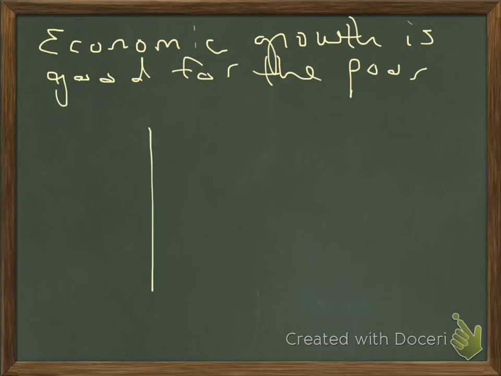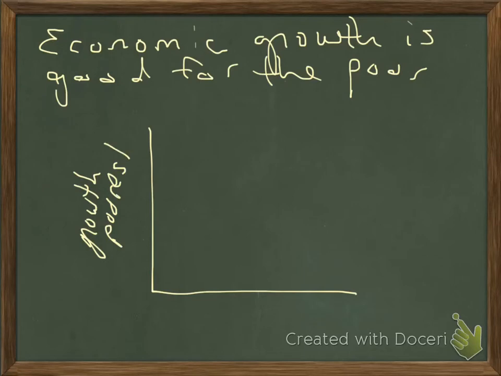So basically on that chart, I was trying to draw on the picture and it was trouble. Basically, this is the growth for the absolute poorest. And this is just growth per capita.